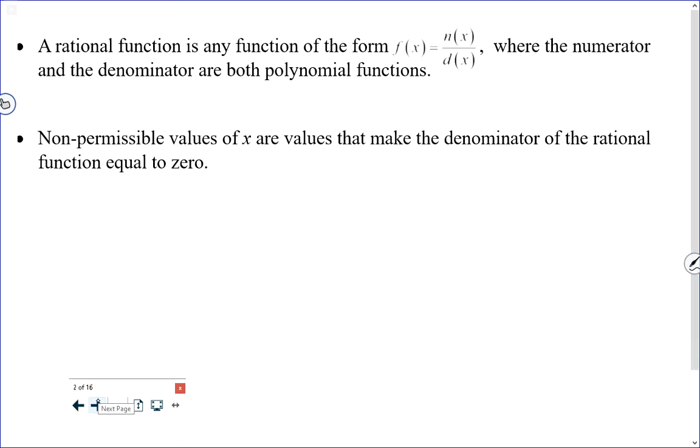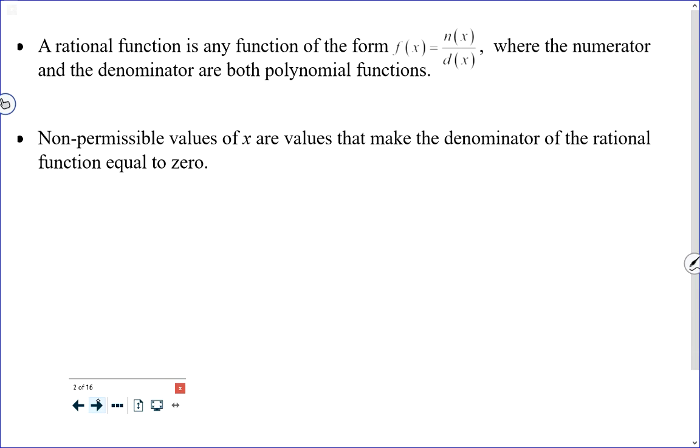A quick review of what a rational function is. A rational function is a fractional function, if you like, but what makes it rational is that the numerator and denominator are functions of x. And because the denominator is a function of x, there's the potential for the denominator to be equal to 0.